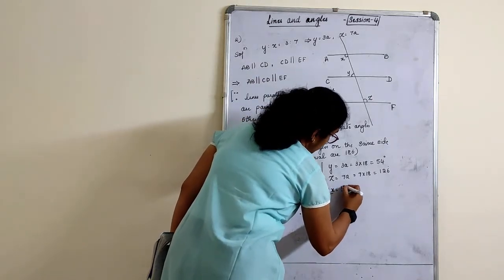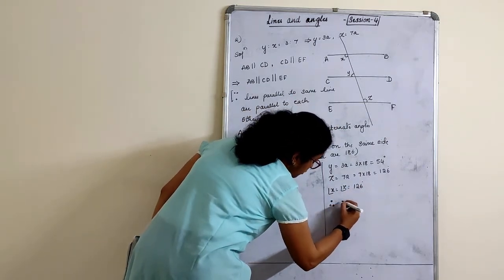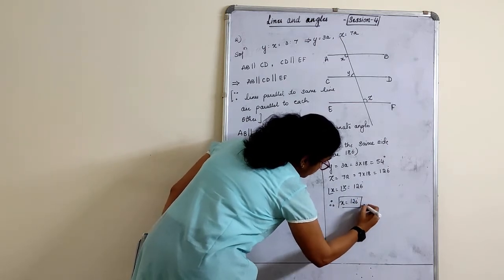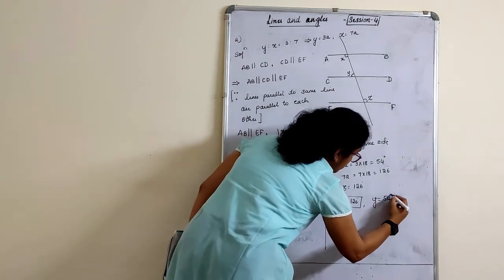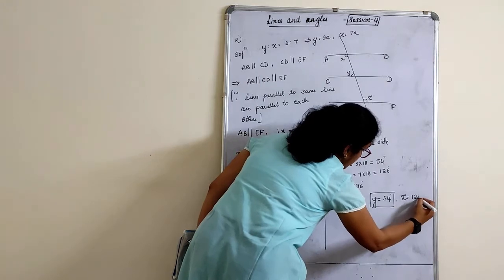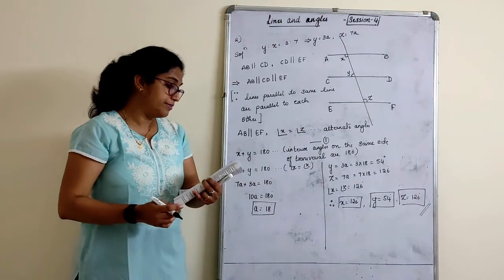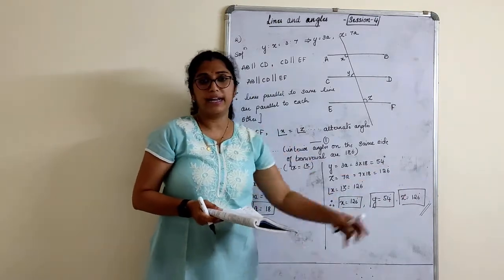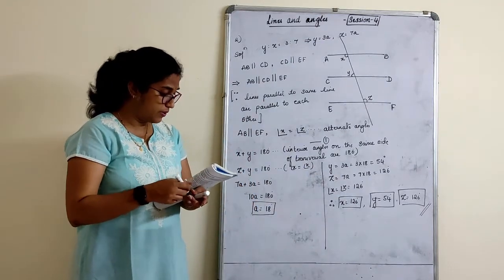Angle x is equal to z, that is equal to 126 degree. Therefore, x is equal to 126, y is equal to 54 and z is equal to 126. X, y, z they have asked to find. Okay, they have given only x, it's okay. All three we found out. Clear? We'll start with the third one.